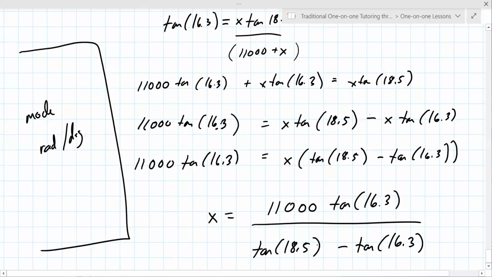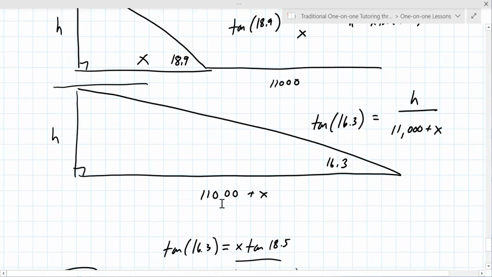Okay, so once you get that value, you put it back in to get h. But I think letter B wants x. C is, oh no, sorry, C is x. D is h.